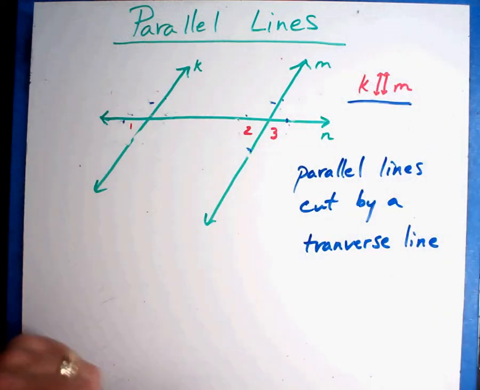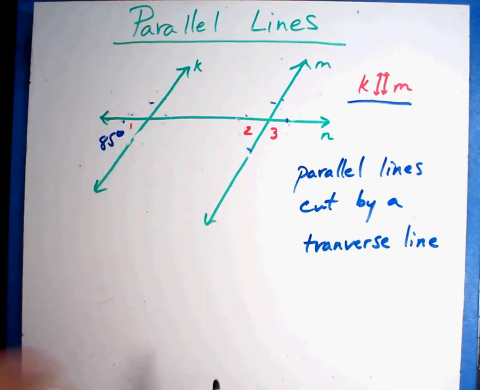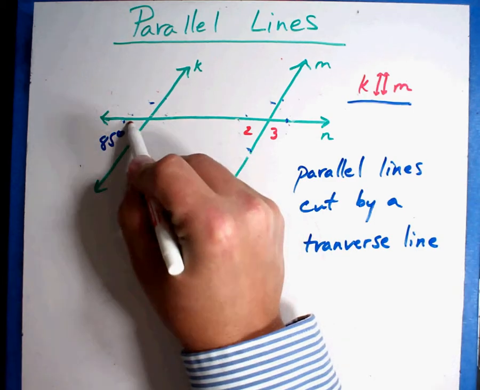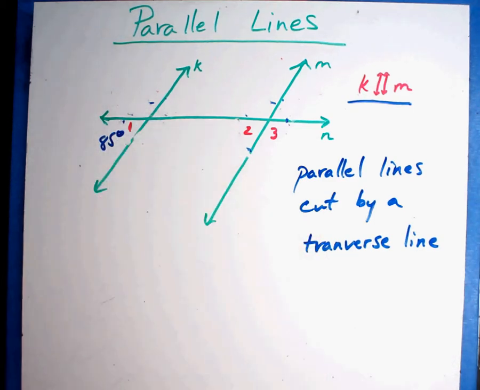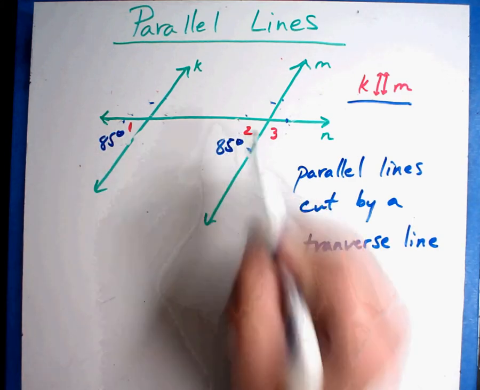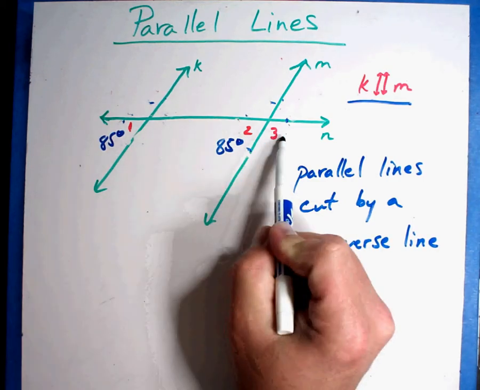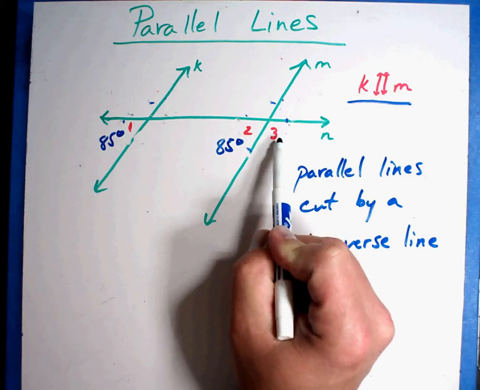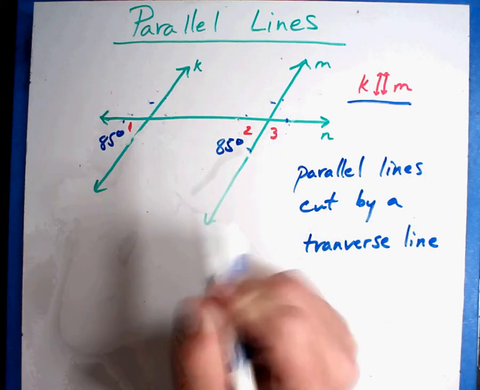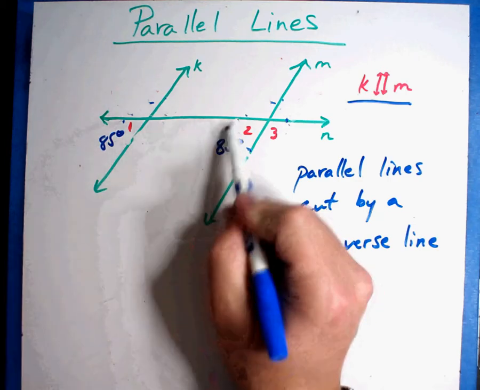Let's say that we're told that angle 1 is 85 degrees. Can we figure out 2 and 3? Well, if this is 85 degrees, then automatically from what we just learned, this is 85 degrees. Now we know that this angle and this angle are equal, but that doesn't help us very much because they didn't give us this angle. But what I do know is that this is a straight line.